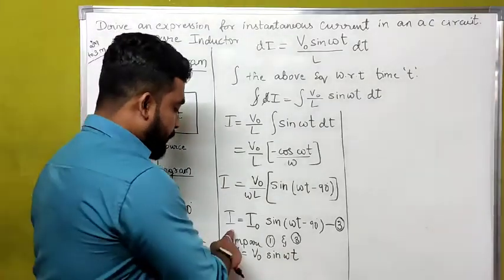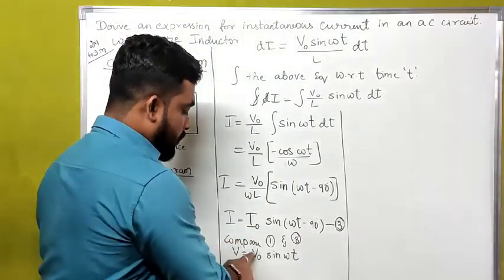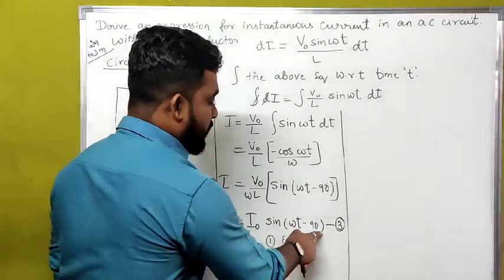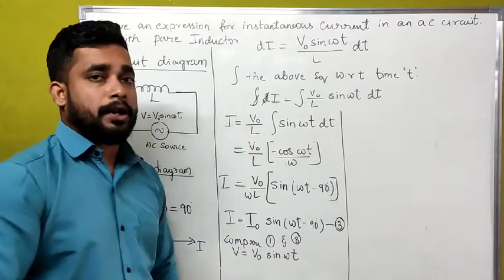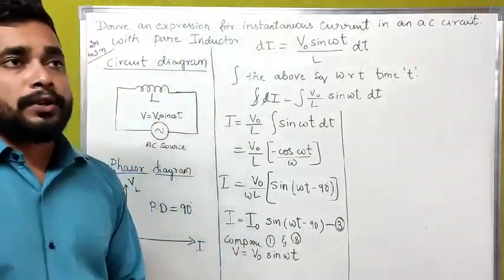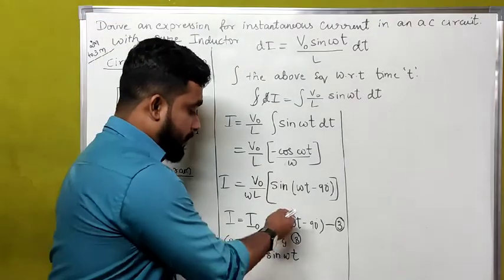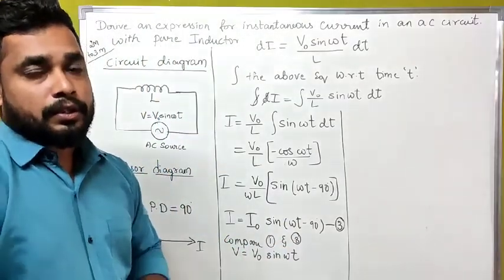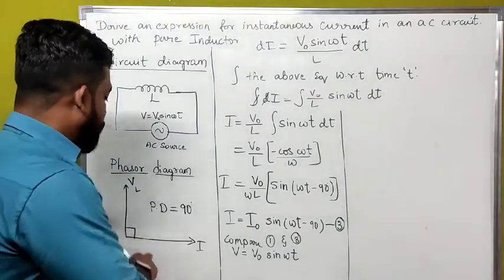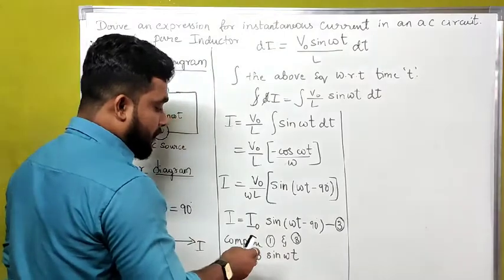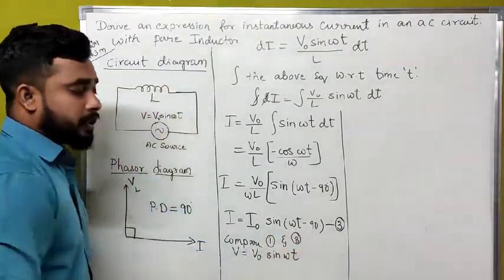Let us see. I0 is there, V0 is there, V is there, I is there. This is sin of omega t minus 90, and this is sin omega t. On comparing these two equations, we get a phase difference of 90 degree between voltage and current. What is the difference value? That is 90 degree.